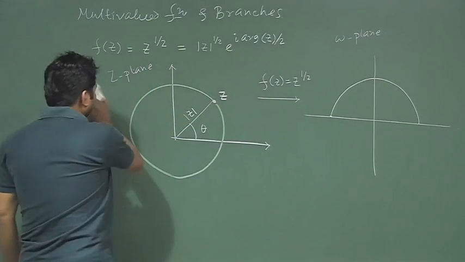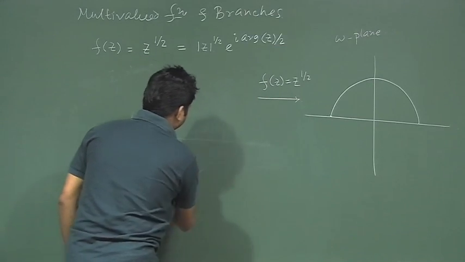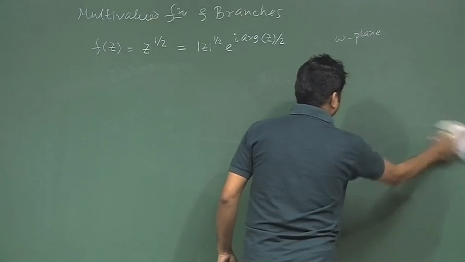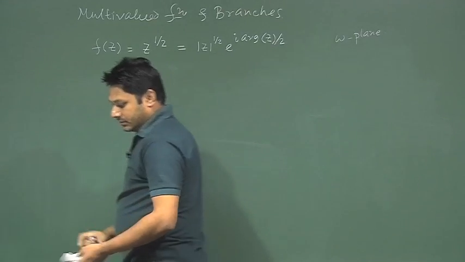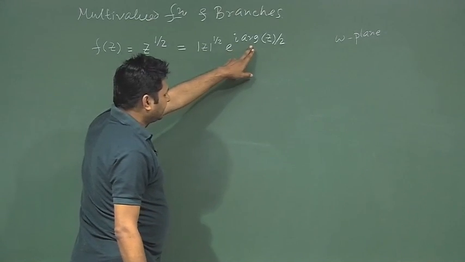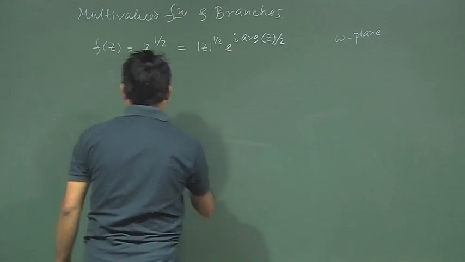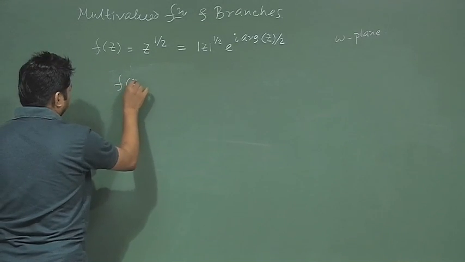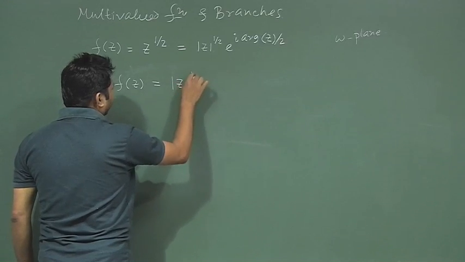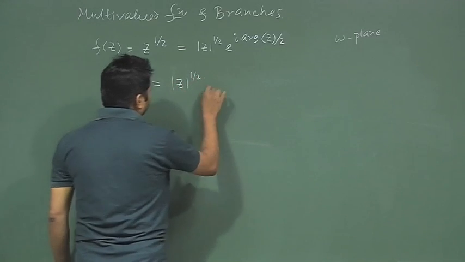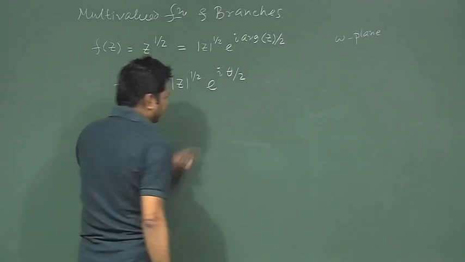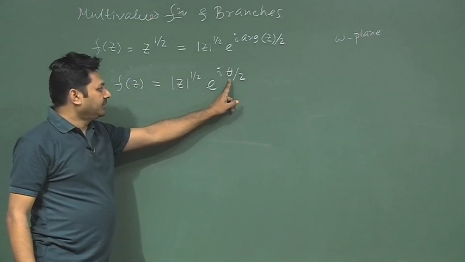But the question is about the value. This argument, as I mentioned, will create the problem. So, f of z is equal to mod z to the power half e to the power i theta by 2 if I take this theta as my principal value.